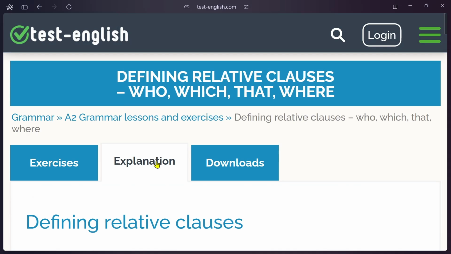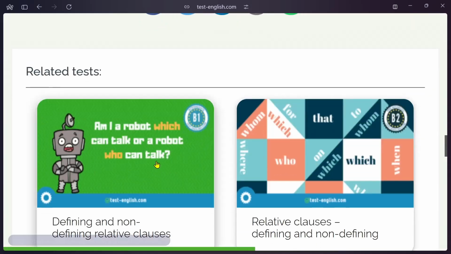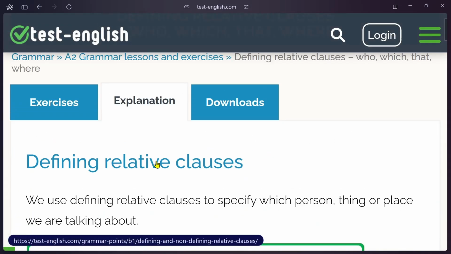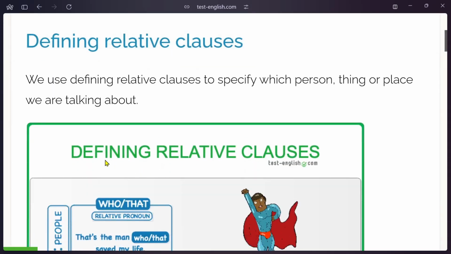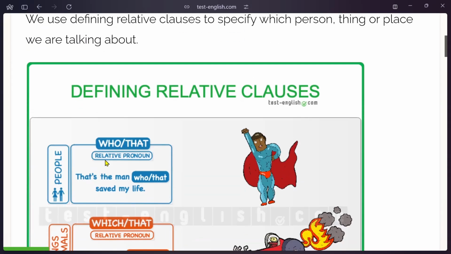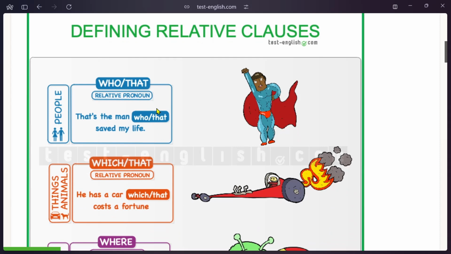So this is the lesson on relative clauses, and these are defining relative clauses. They say something about the previous noun, and this information makes it more specific. It's important. It changes the meaning of the sentence.